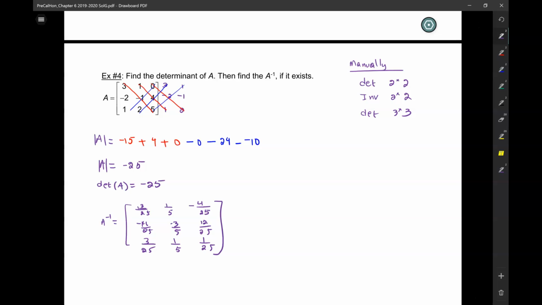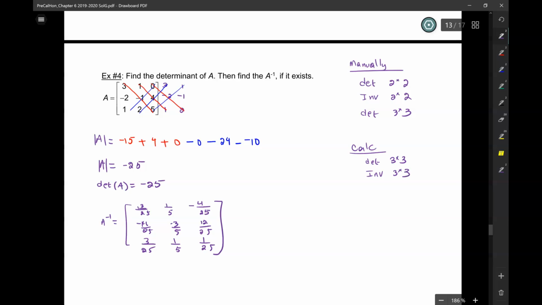You are also going to be expected to be able to use your calculator to find the determinant of a 3 by 3, the inverse of a 3 by 3.